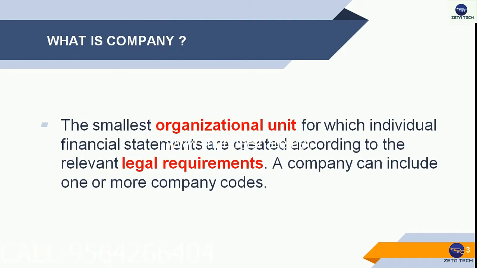Because company is another parameter in SAP, its concept is very crucial in all our lectures and all our configurations. The smallest organizational unit for which individual financial statements are created according to the relevant legal requirements. So, what are the legal requirements?